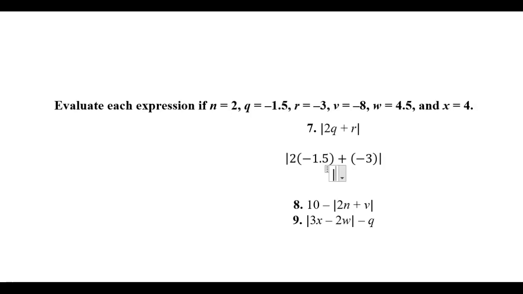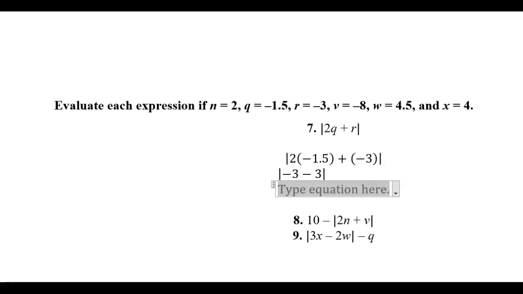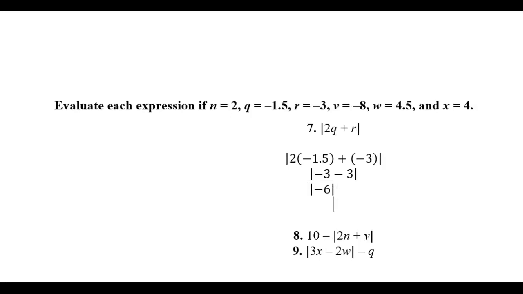So 2 times negative 1.5 gives negative 3, plus negative 3 inside my absolute value. A plus a negative 3 is really like a minus 3. So I get the absolute value of negative 3 minus 3, which gives the absolute value of negative 6. And the absolute value of any number is always positive, so we get 6.